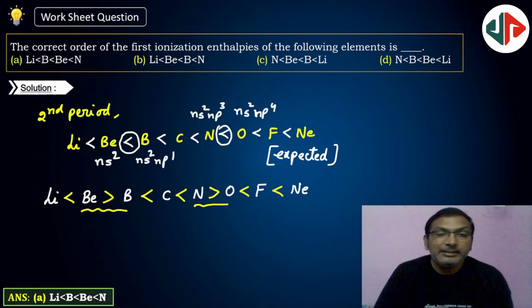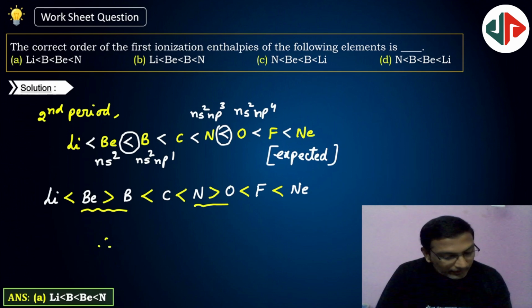So based on this, we can arrange. Out of given elements, first nitrogen will be having more. Nitrogen. After that, beryllium. Next, boron. Next, lithium.